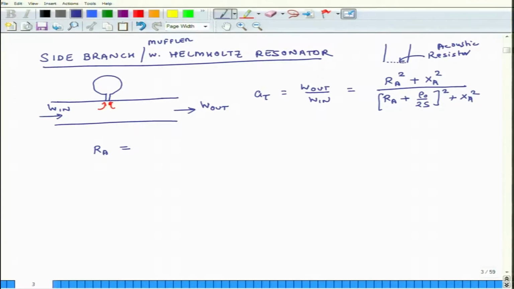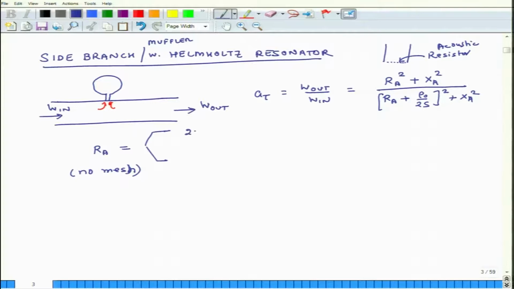Now, I can have one situation where I do not have this mesh, and another situation where I have this mesh. So, when there is no mesh, then RA we had defined earlier, and there were two possible relations.